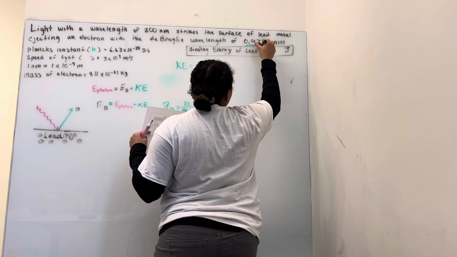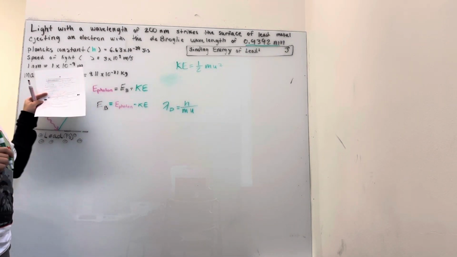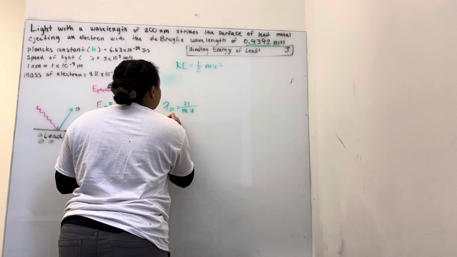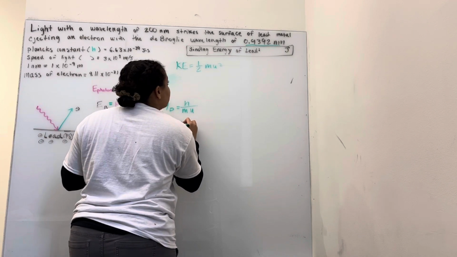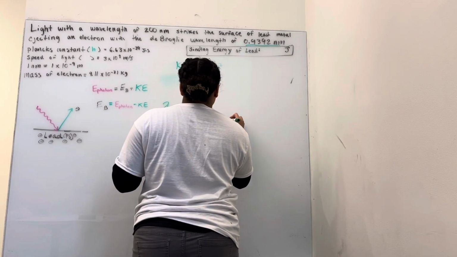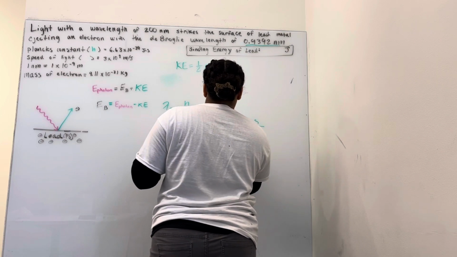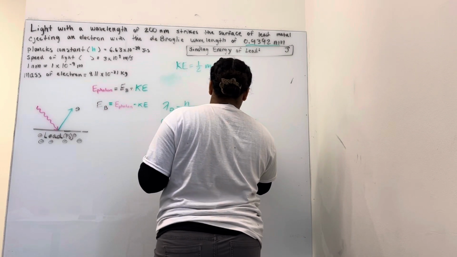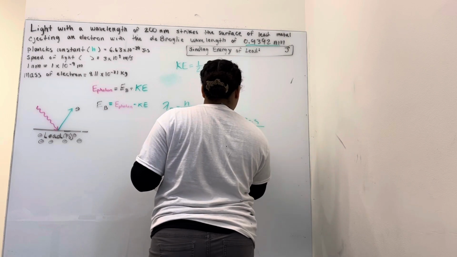So let's plug in what we know. We have the wavelength. It's in nanometers. 1 nanometer equals 1 times 10 to the negative 9 meters. So 0.9392 times 10 to the negative 9 meters equals Planck's constant, 6.63 times 10 to the negative 34 joules times second, over the mass of the electron, 9.11 times 10 to the negative 31st kilograms times u.